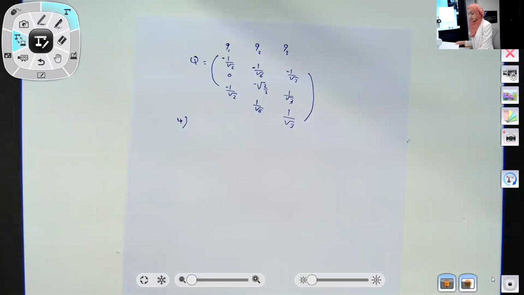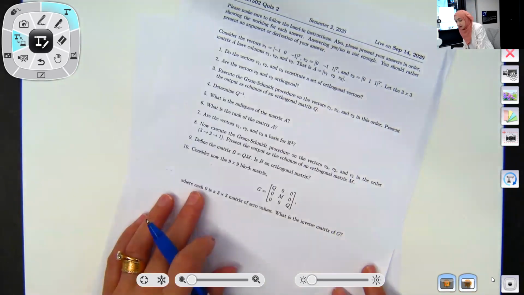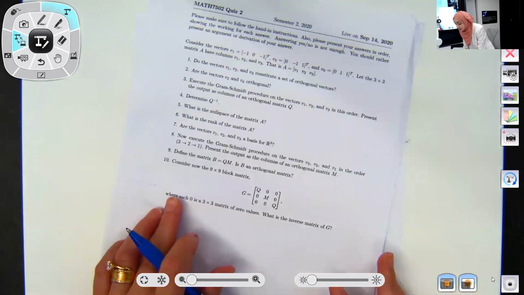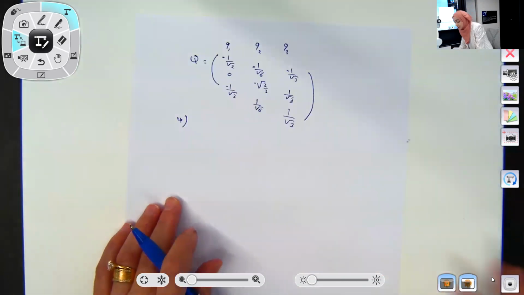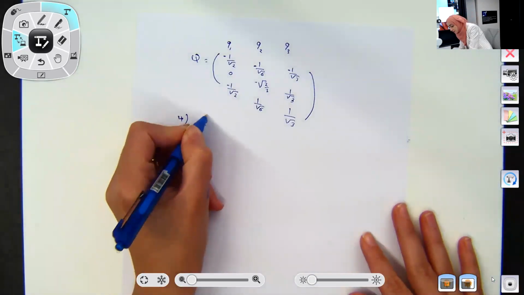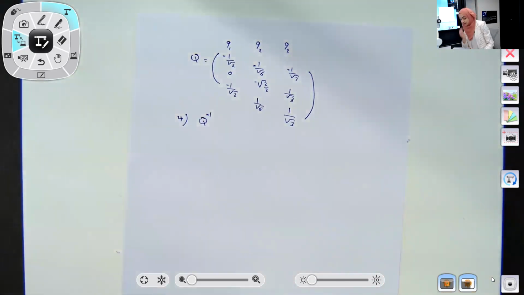It just needs a bit of calculation. Okay. In number 4, they ask to determine the value of Q inverse. In number 3, we found that the matrix Q is an orthogonal matrix. And we know that if we have an orthogonal matrix, Q inverse is equal to Q transpose.